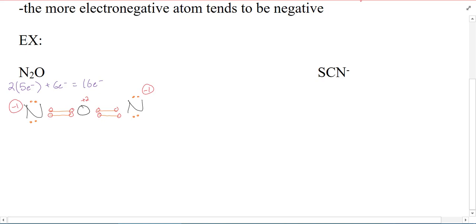Do you think this is the best Lewis structure? Well, at this point in the class, I would always say, guys, how do we tell the central atom? Well, it's usually written first and the less electronegative. Oxygen's written second, and it's the most electronegative. So let's try making an N in the middle.